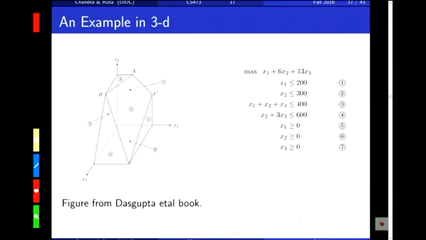And when it is cut by another hyperplane 7, which is x3 at least 0, it forms this vertex C. So in 3 dimensions, when 3 hyperplanes meet, they form a vertex. When 2 of them meet, what does it form? A line, right? When 1 and 3 meet, they form this line.